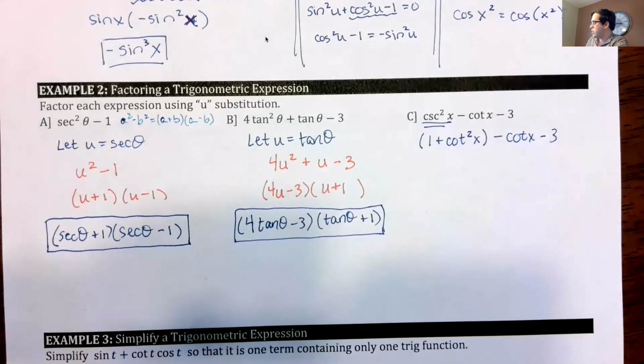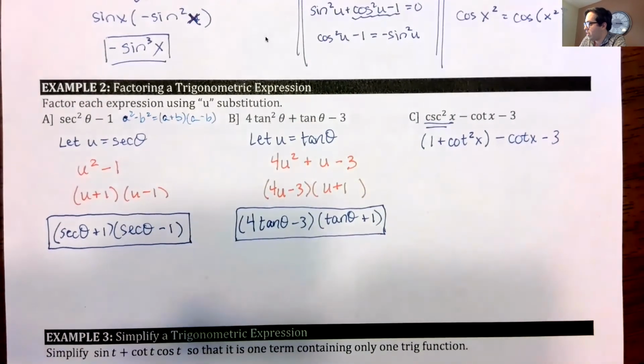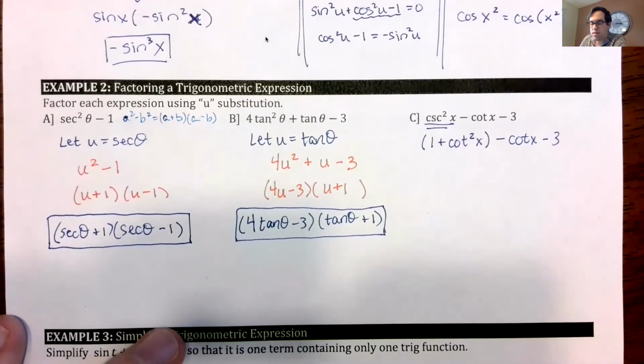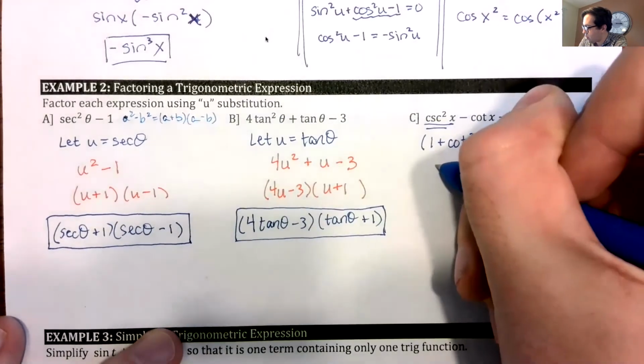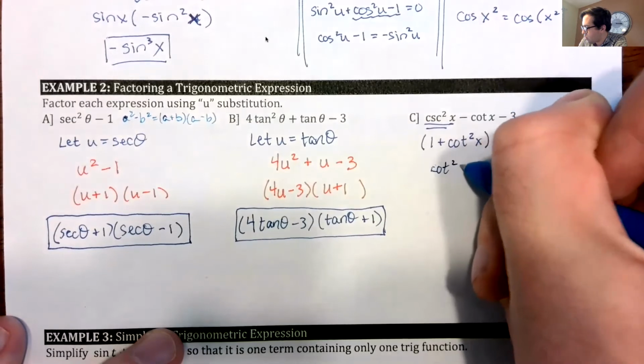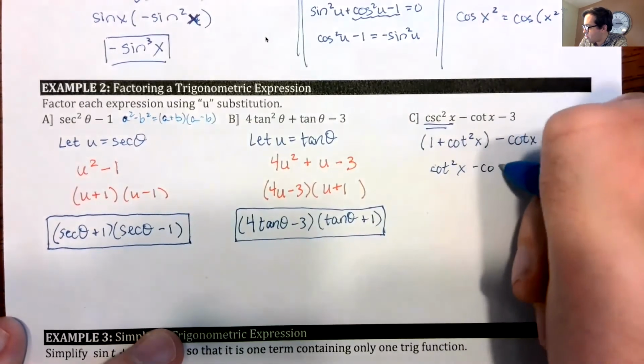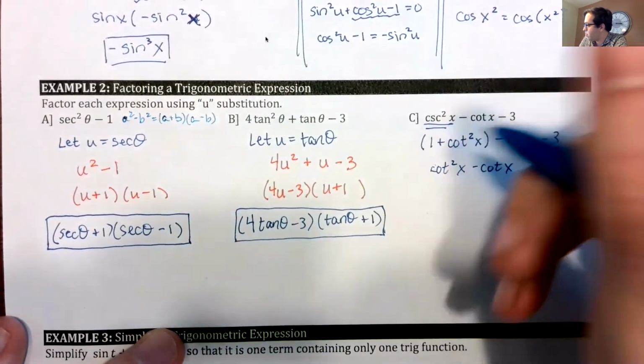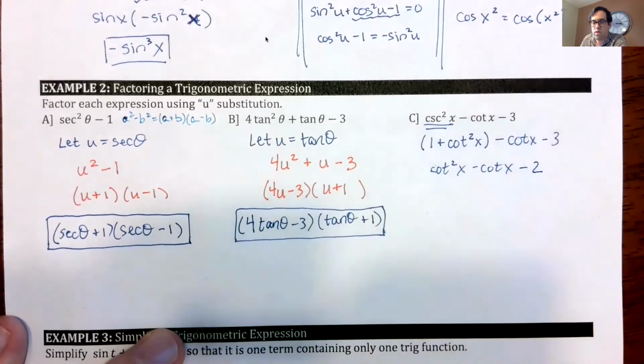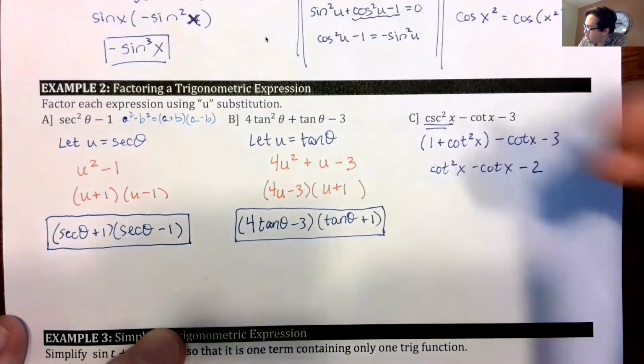And I'm going to rearrange this so that it is written more properly and the like terms are combined. So I'm going to end up with cotangent squared x minus cotangent x, negative 3 plus 1 is going to be negative 2. Now it's time for the u substitution. So we're going to let u equal cotangent x.